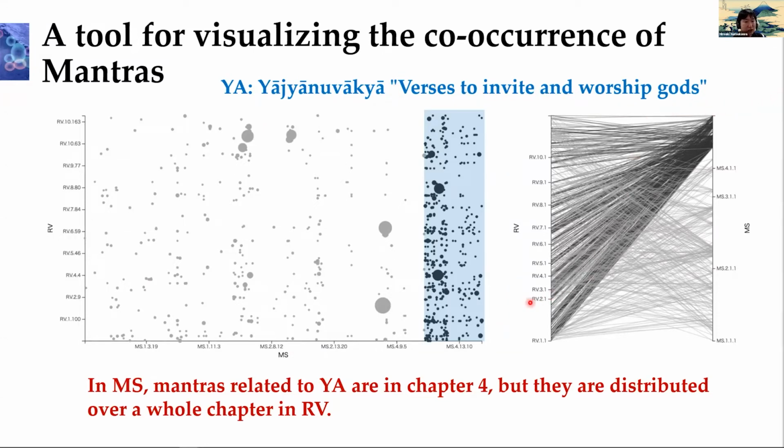And in these figures, after filtering, in MS, the mantra related to YA are mainly in chapter 4, but they are distributed over the whole chapter in the Rig Veda. So it's just my personal opinion, but the MS is composed after Rig Veda, and MS seems to be organized in terms of the YA information.